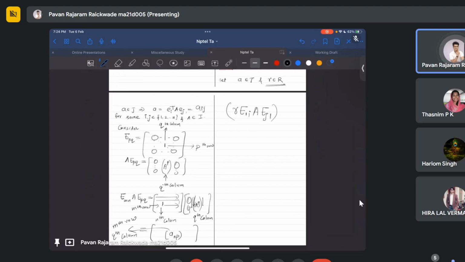So what is this? In this matrix, at the ijth position, you get the entry R times A, and 0 everywhere else. Right? You can see it from here.